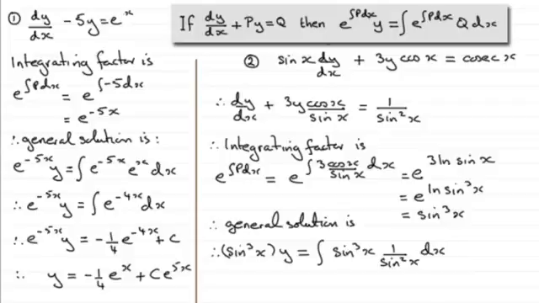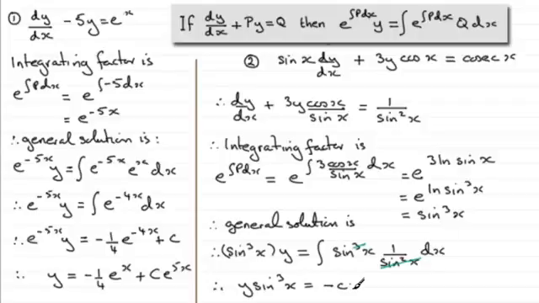And we can cancel the sine squared x into the sine cubed x, and that just leaves us with sine x. Now, I'm just going to turn these two parts around. So we therefore have y sine cubed x equals, and the integral of sine x with respect to x is minus cos x.